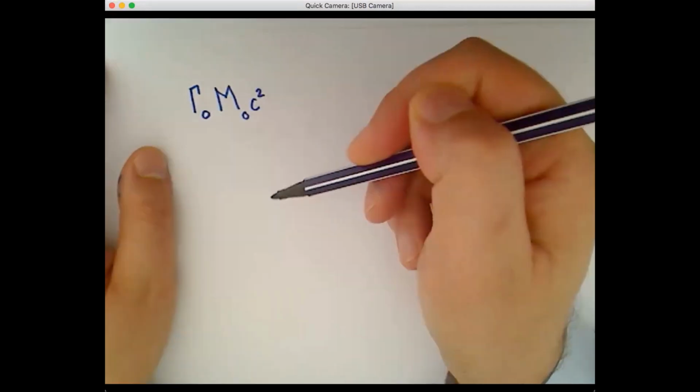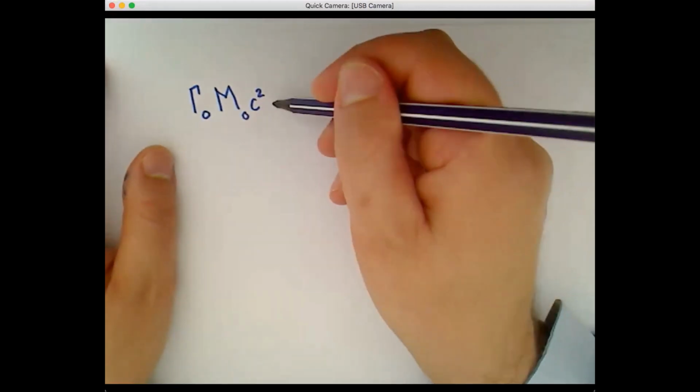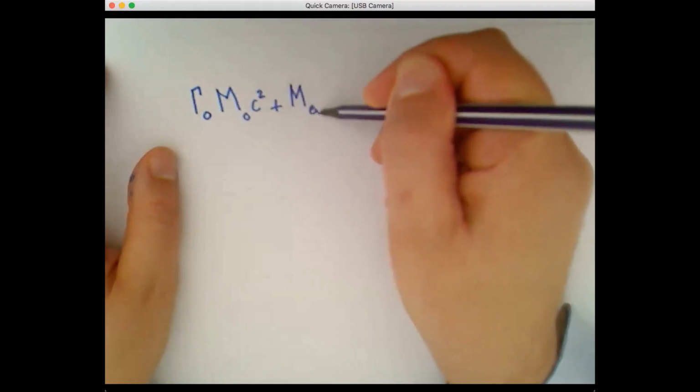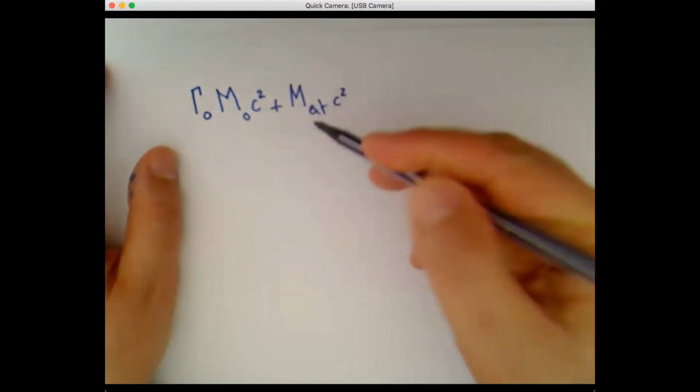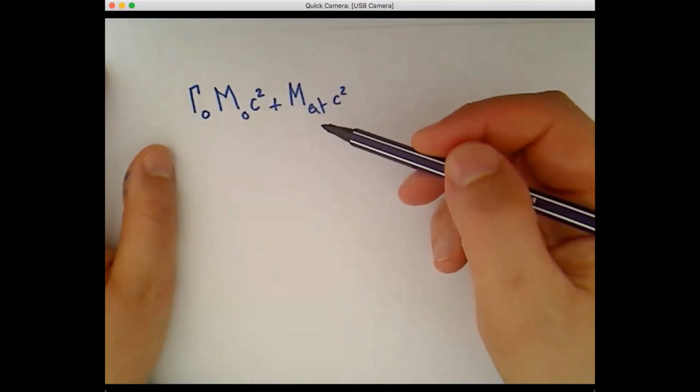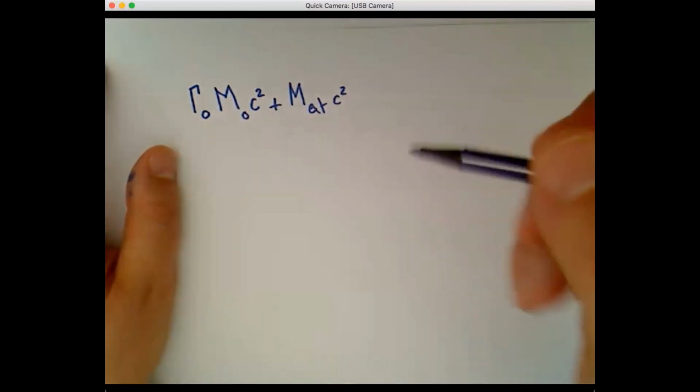So this is my initial energy in my ejecta. And I have also some rest mass energy in the external medium. Mx is the mass of swept up material from the external medium by the ejecta.